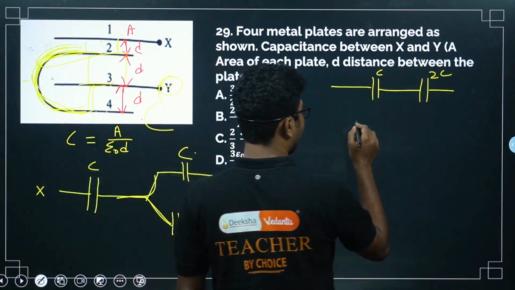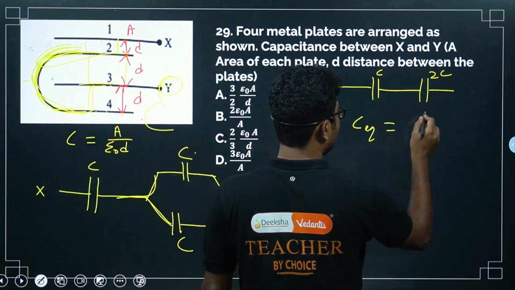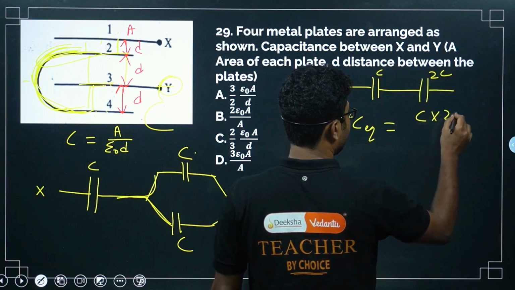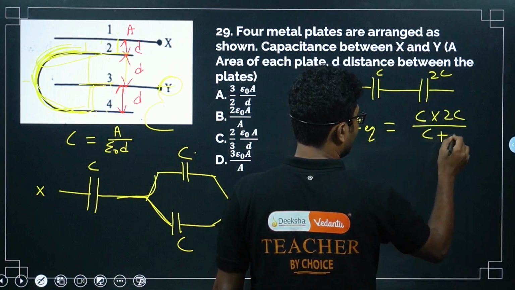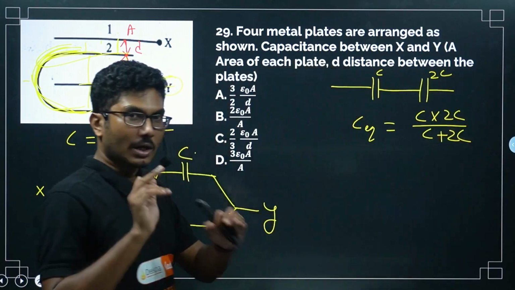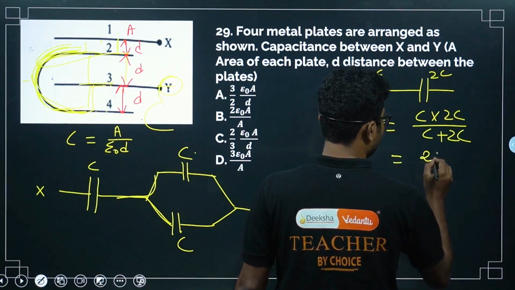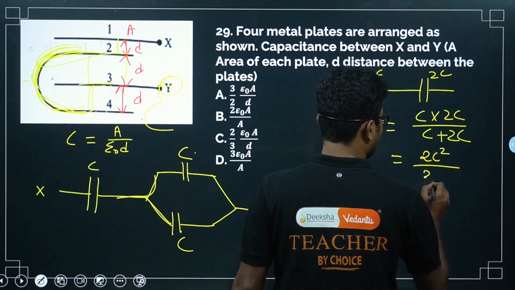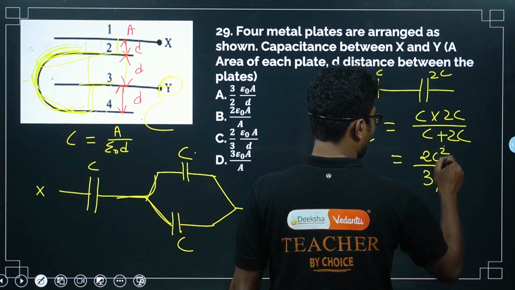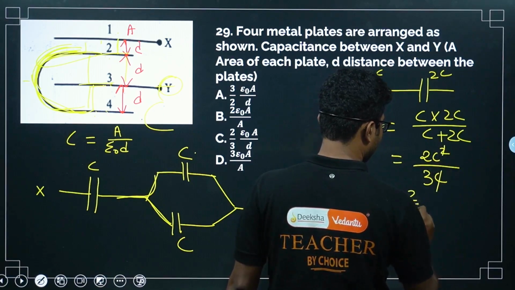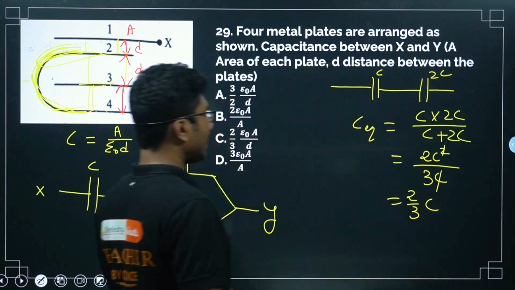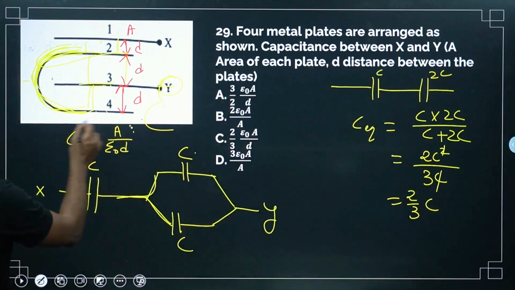So equivalent capacitance is of two capacitors only: C into 2C divided by C plus 2C. Right? This is the shortcut when only two capacitors are involved. For 3, you cannot use this formula. So 2C square divided by 3C. One of the C cancels. So 2 by 3 C.